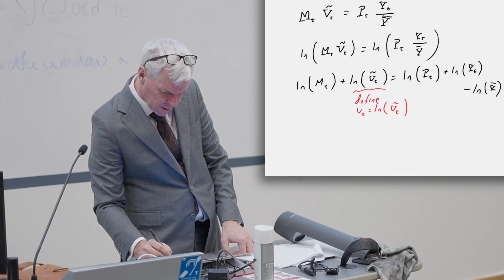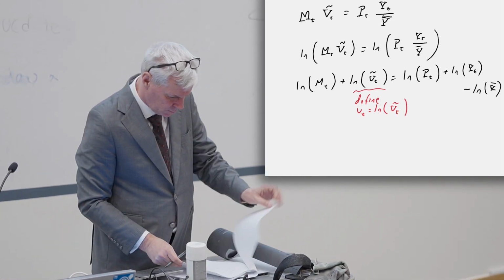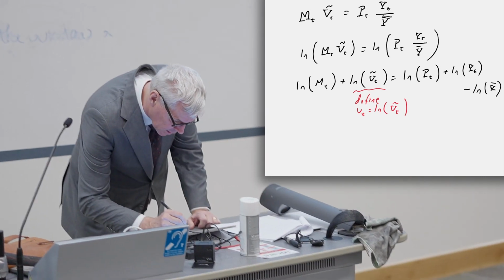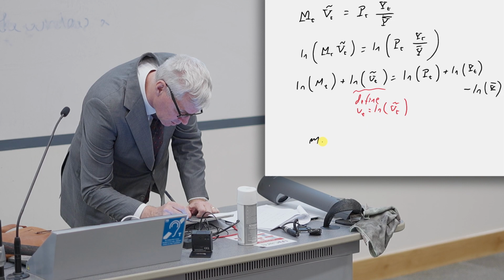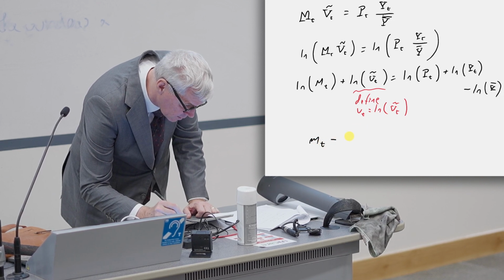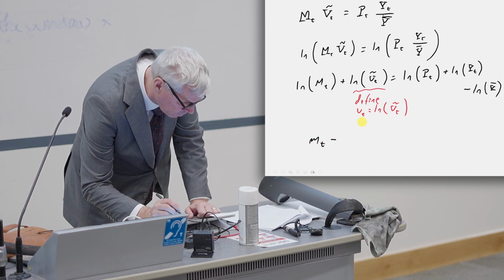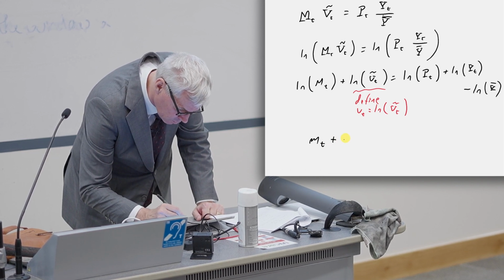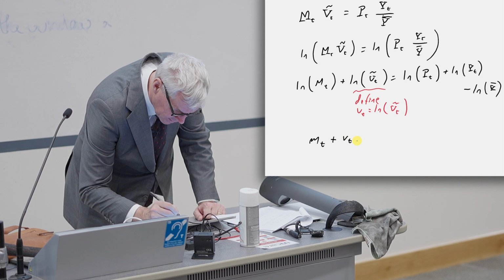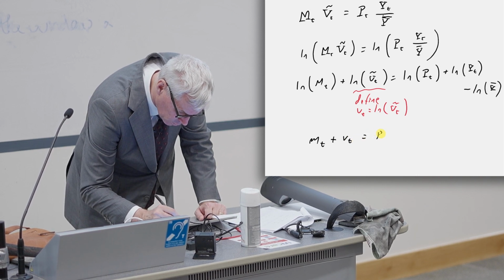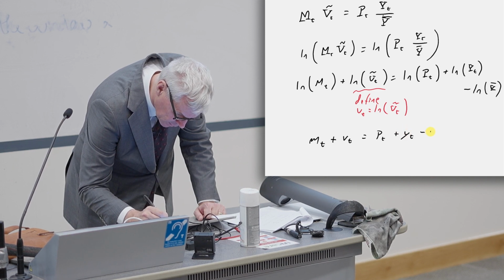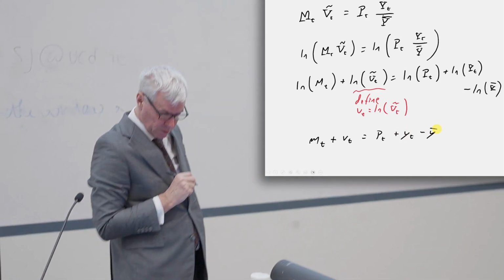So this whole thing becomes little m_t plus little v_t is equal to p_t plus y_t minus y bar, all in little letters.